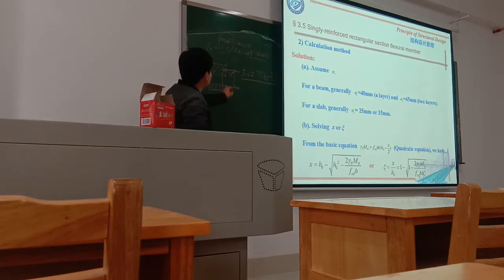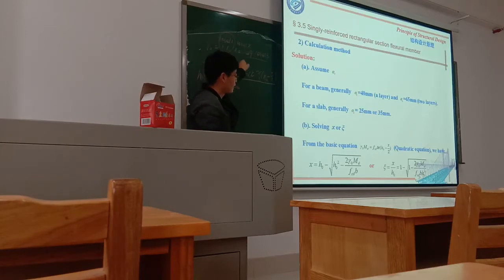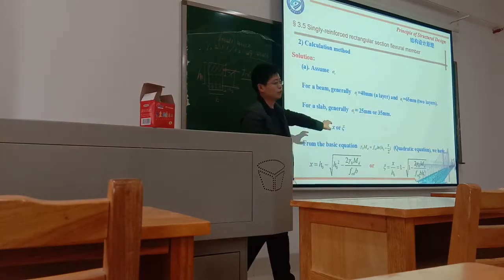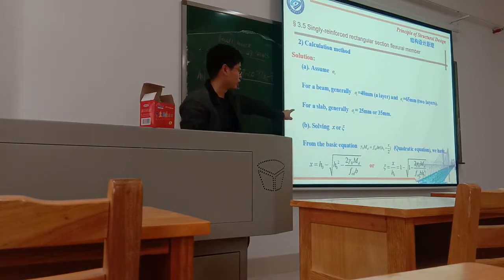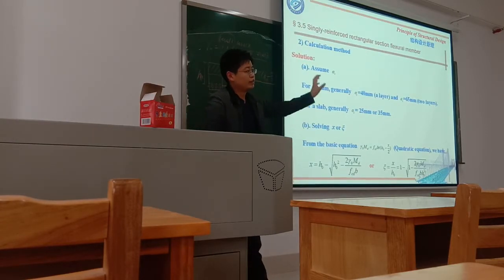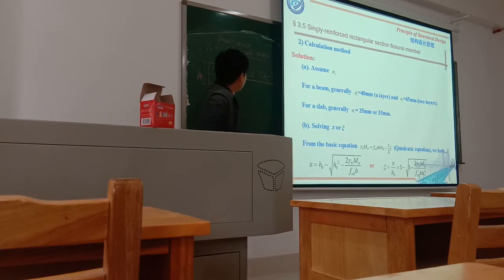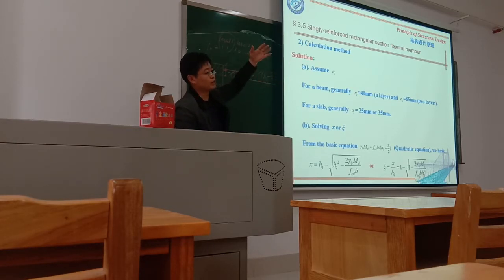That means if your structure is very important, besides the normal MD, the external load moment, because this moment MD is actually the combination result of different loads, for a structure of level 1, very important, we improve this external load by 10%. Then this structure is made stronger.